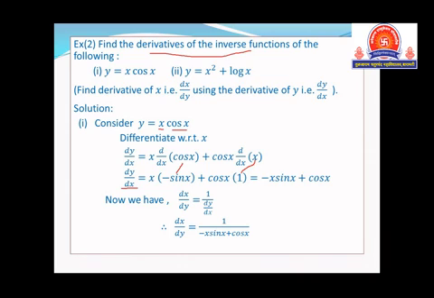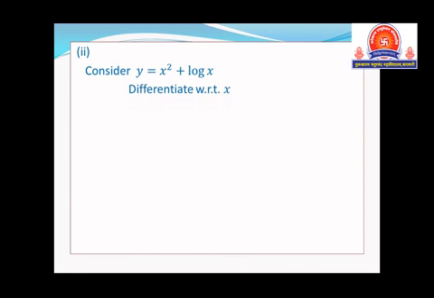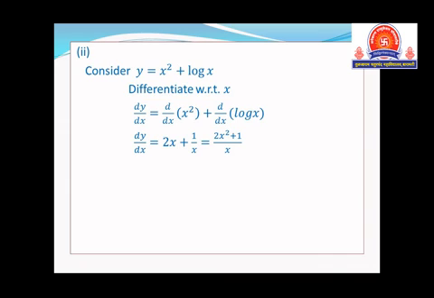Okay, in the same way go for the second example. Y is equal to x square plus log x. Again differentiate with respect to x. Dy by dx is equal to, see, derivative of x square, derivative of u plus v. If addition is there, then we can separate the derivatives of two functions. So derivative of x square plus derivative of log x. So derivative of x square calculate by using formula x raised to n, so it is 2x plus derivative of log x is 1 upon x.